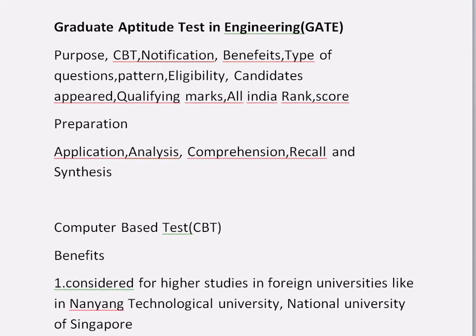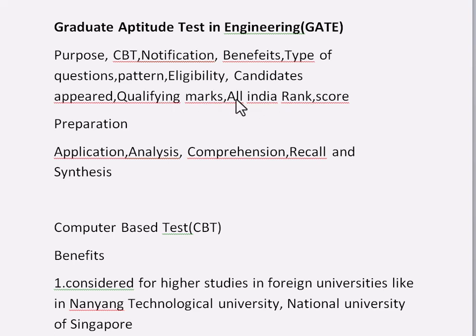So let me summarize. We have seen what is the GATE examination for CSE and what is the purpose of it, what is CBT, when you get the notification, benefits of GATE and type of questions, pattern of the questions subject wise, eligibility to write the examination, and how many people registered and appeared, and what are the qualifying marks for different categories.